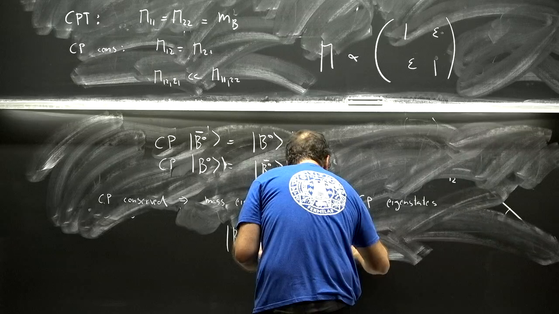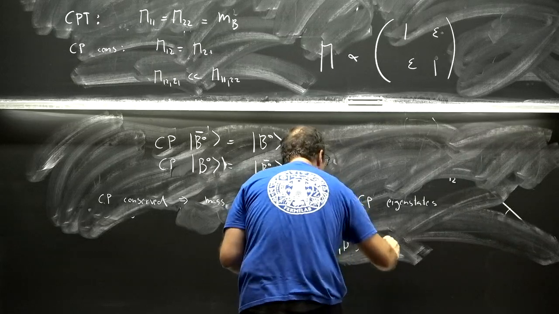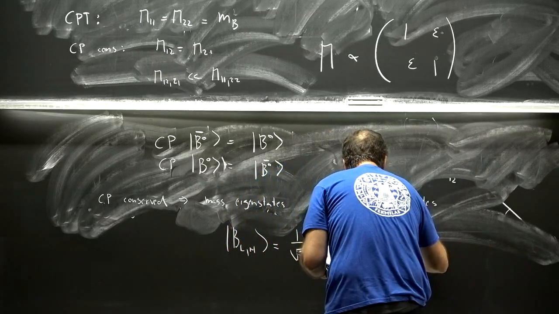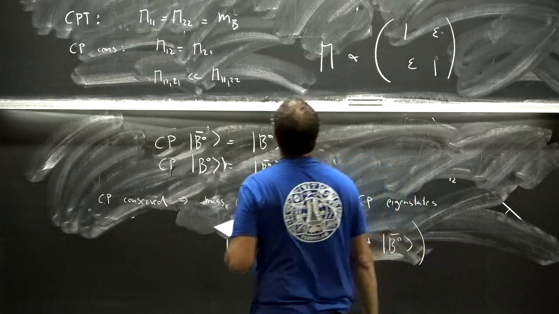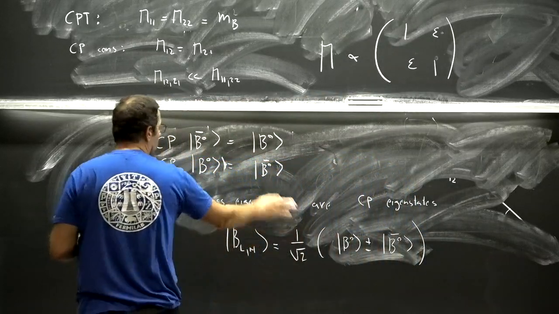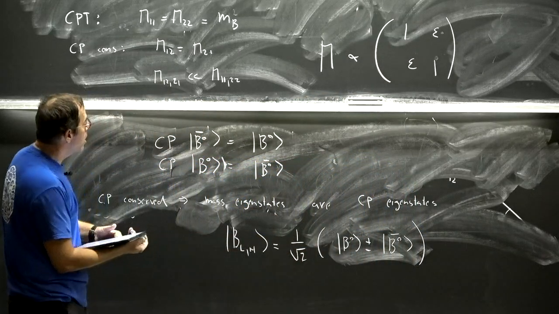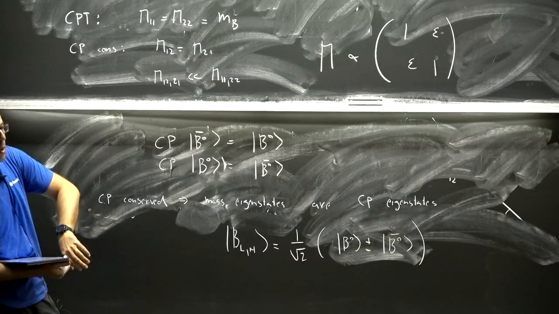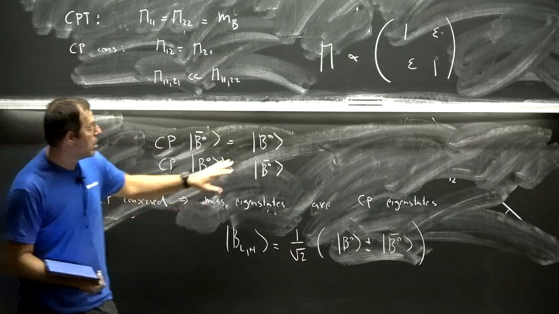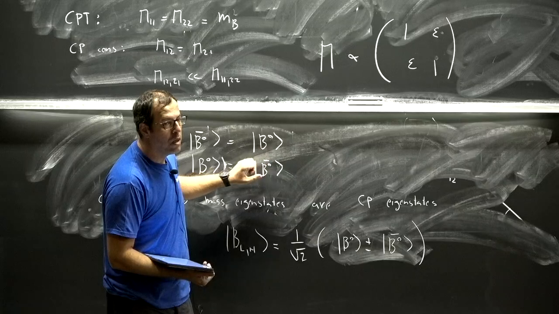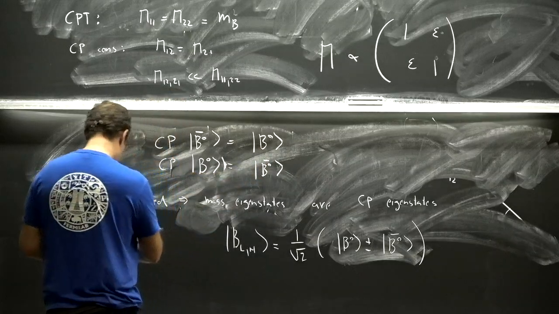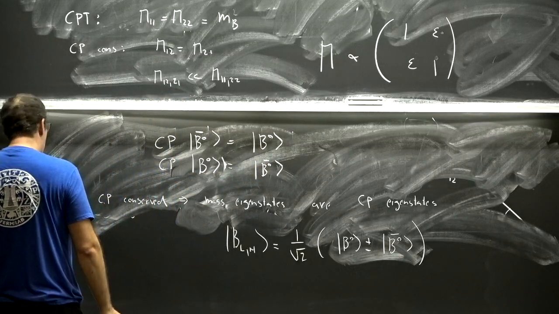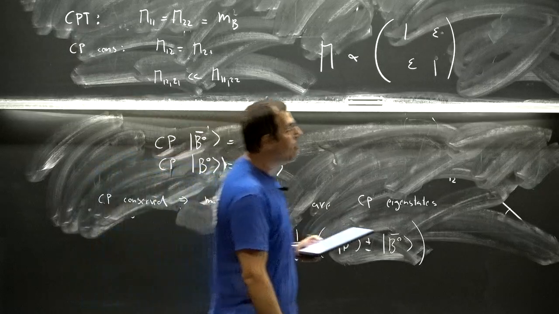They are maximally mixed. Right? They're maximally mixed. So just turning on a small off-diagonal maximally mixes the B0 and B0 bar. Right? In this case.